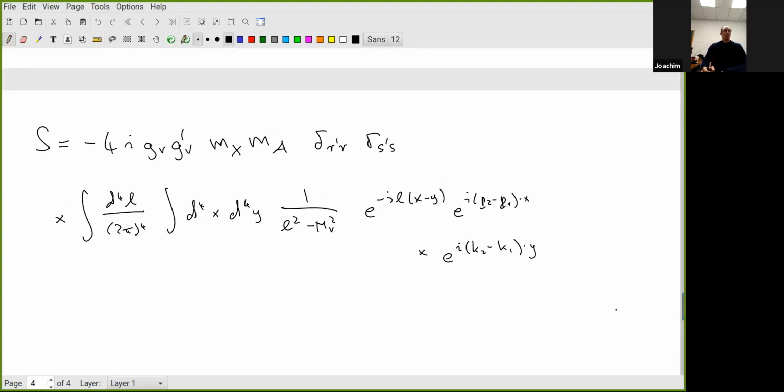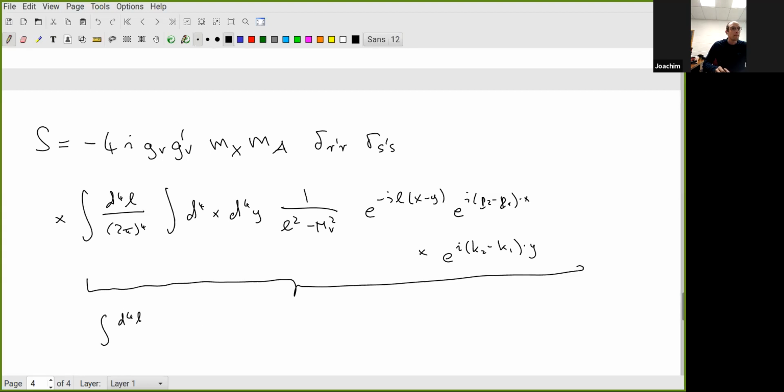Okay, and these integrals are very simple because first of all, you see that there's no x dependence apart from these exponential factors. And if you do an integral over these exponential factors over all space, that just gives you Dirac delta functions. So this gives just d4L divided by (2 pi) to the 4.